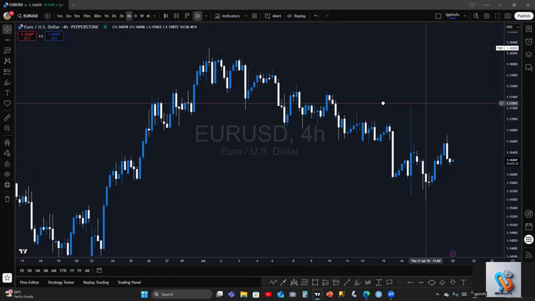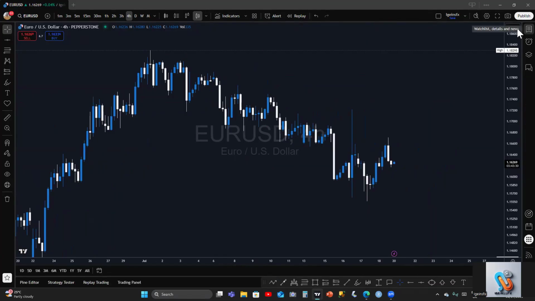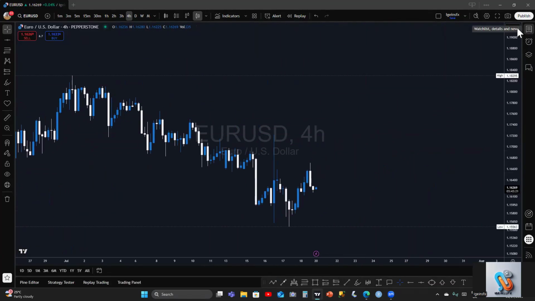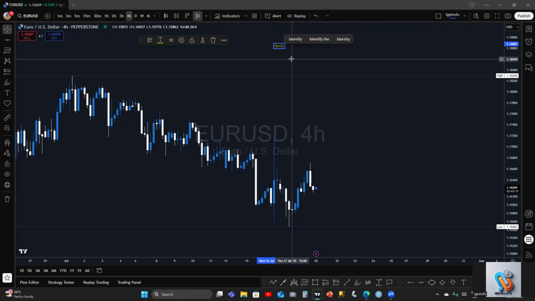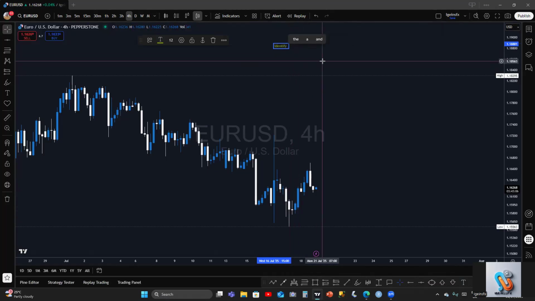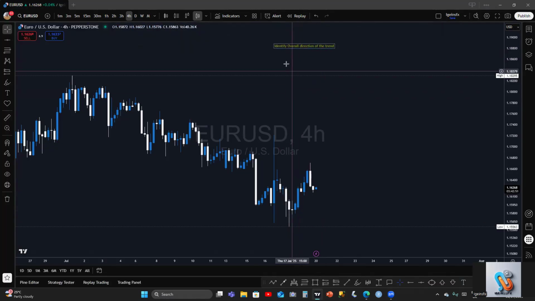So for the technical analysis, first let's analyze EURUSD. The first thing we need to do is to first of all identify the overall direction of the trend from the higher time frame.